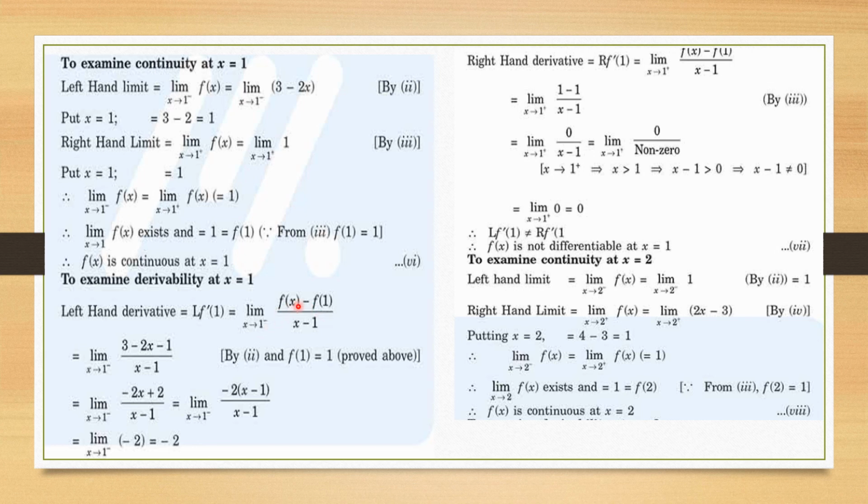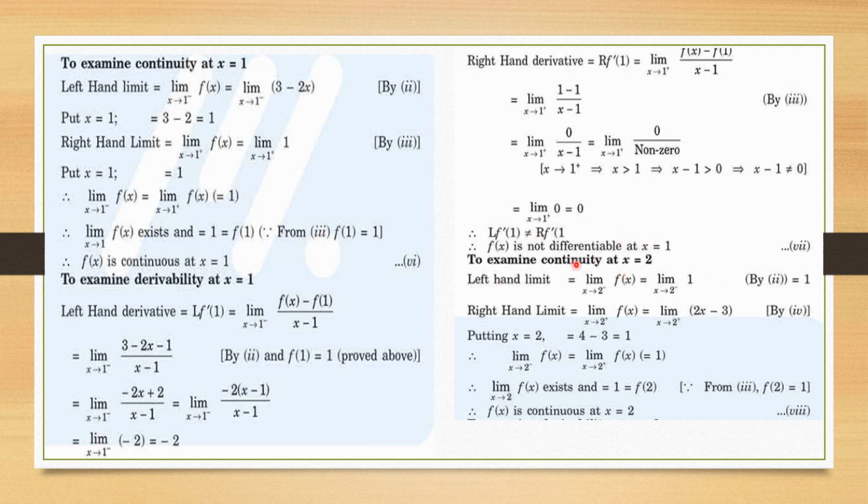Here a is 1, so it is (f(x) minus f(1)) upon (x minus 1). f(x) is 3 minus 2x and f(1) is 1, and after solving you will get minus 2. Similarly, the right hand derivative will be (f(x) minus f(1)) upon (x minus 1), so it will be 0. So you find LHD is not equal to RHD, which means the function is not differentiable at 1. So it was continuous, not differentiable.